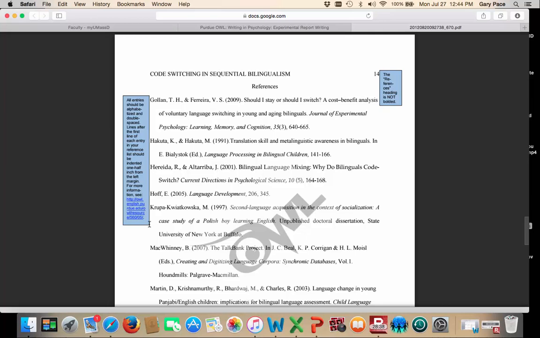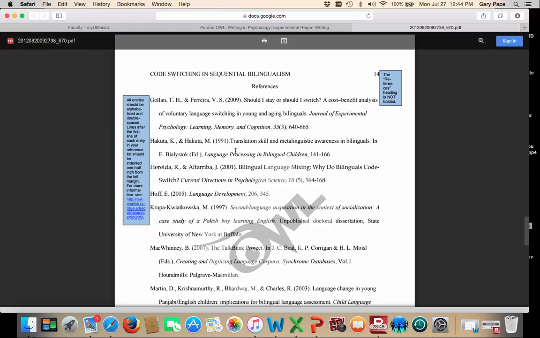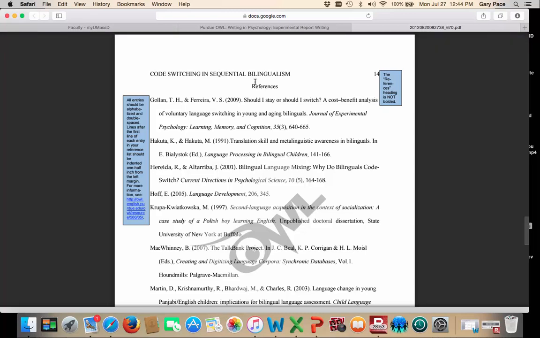And of course, the APA manual has a whole chapter dedicated to references and exactly how to do references. Some of the major points are: the reference section title is not bolded. They are in alphabetical order.